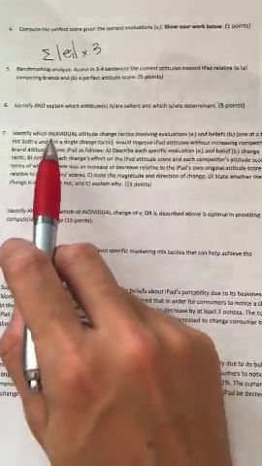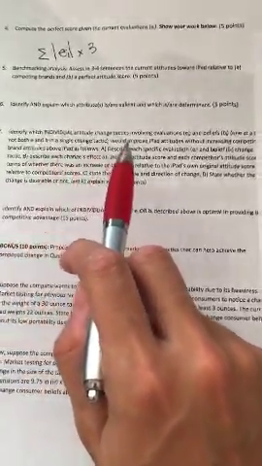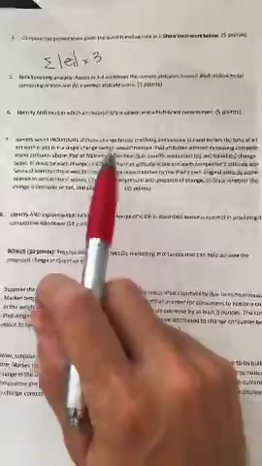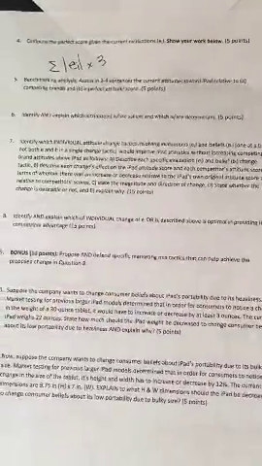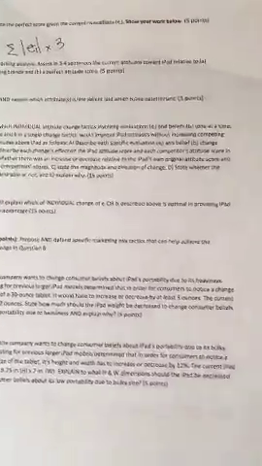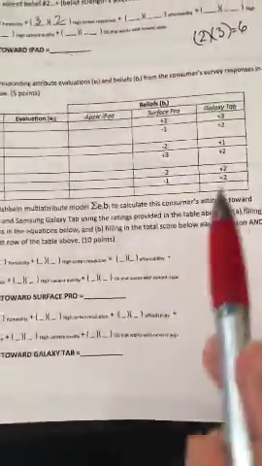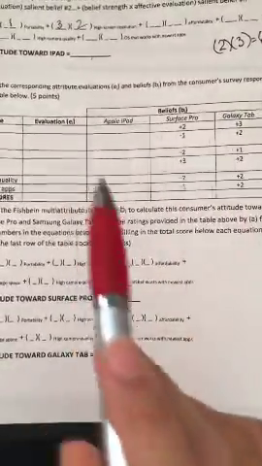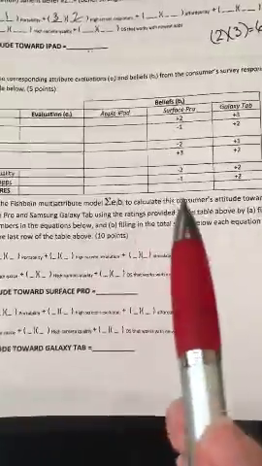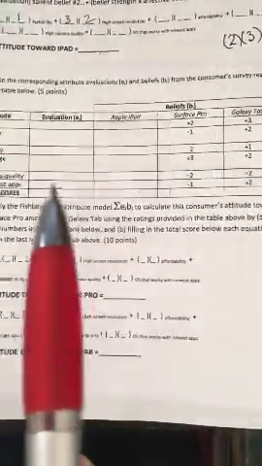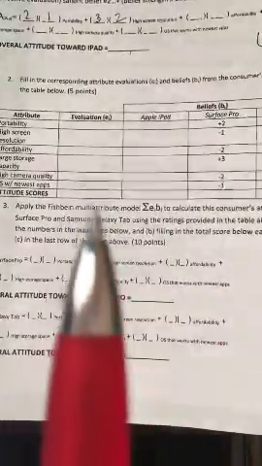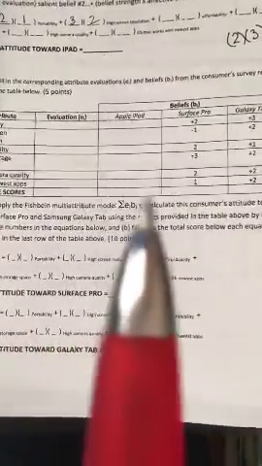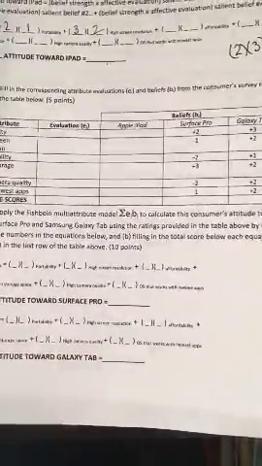Now here, this now deals with the attitude change tactics. So you have to watch the attitude change video in order to understand what this is talking about. And so you're basically going to be using these values over here and knowing what the attitude scores are to then decide which attributes should be changed in order to improve iPad's attitude scores.